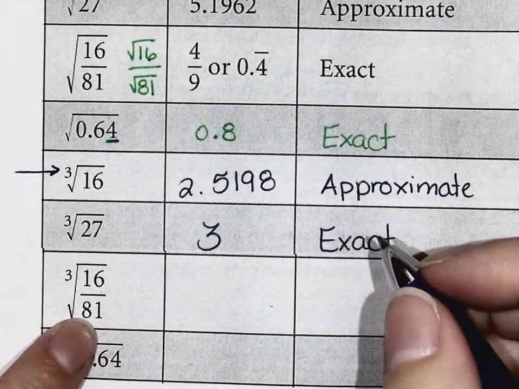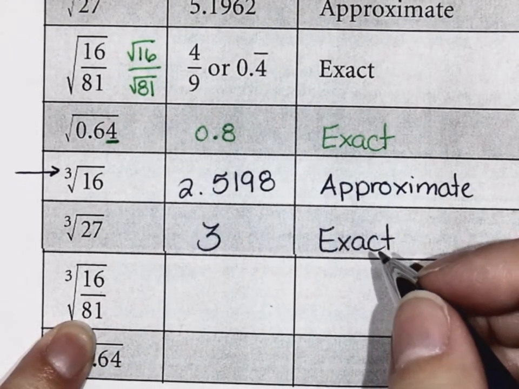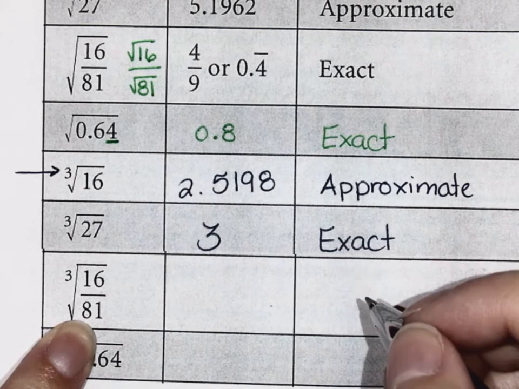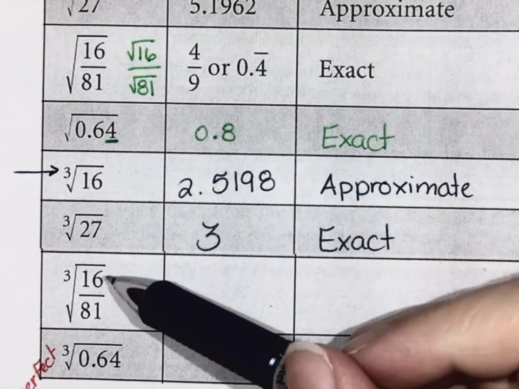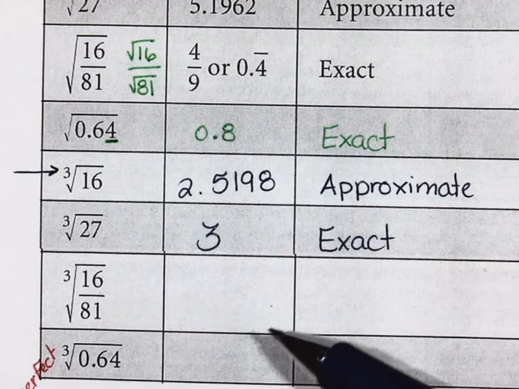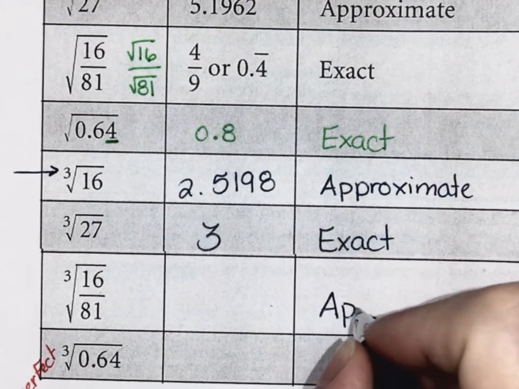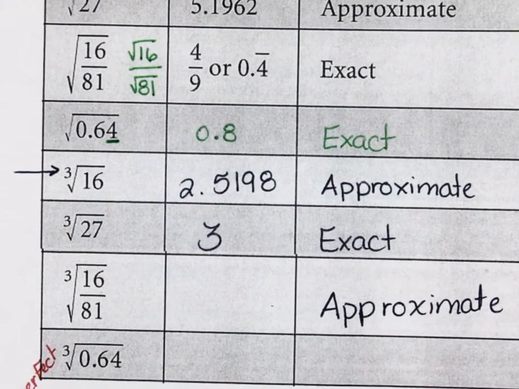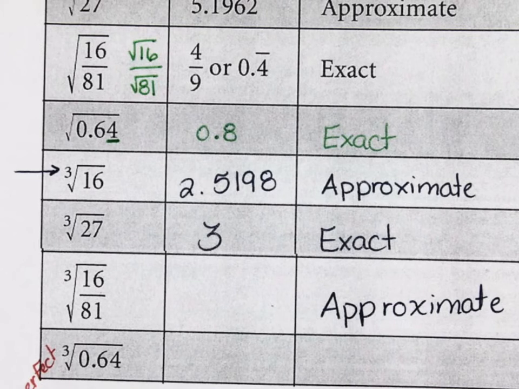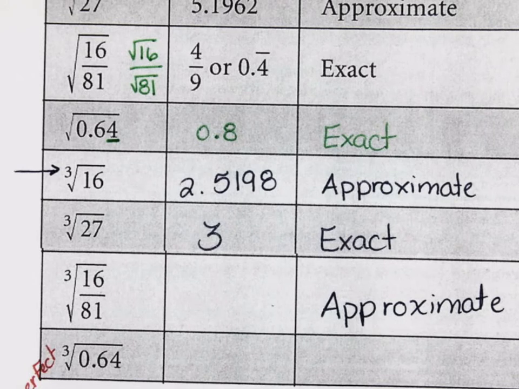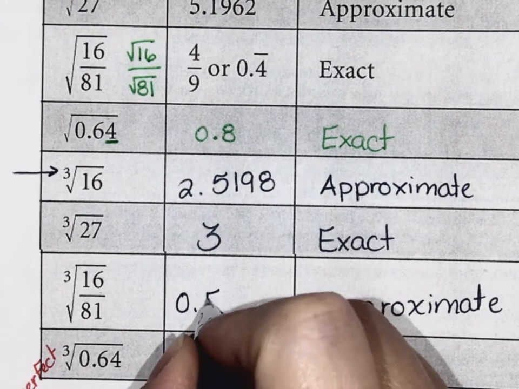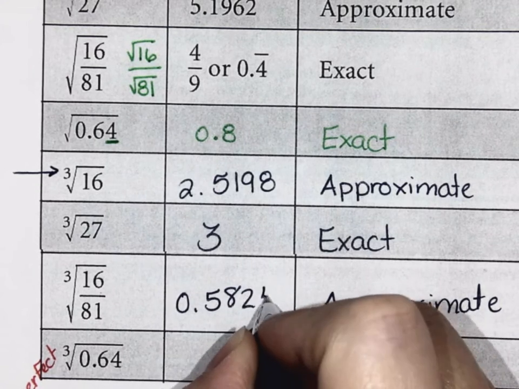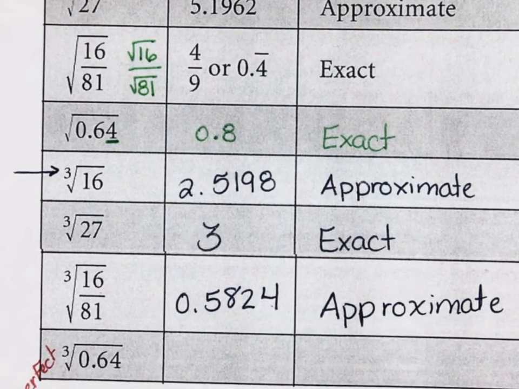So, right away, even though 81, is 81 a perfect cube? No, it is not. So it doesn't matter, they both have to be perfect cubes for it to be an exact value. Even if just one of them isn't, you're still going to have an approximate answer. So I'm going to get an answer of 0.582, and I'm going to round that up to a 4.